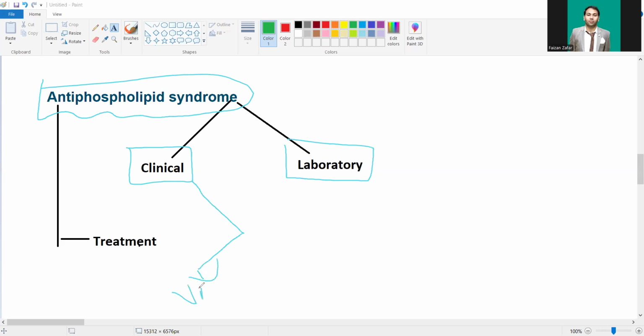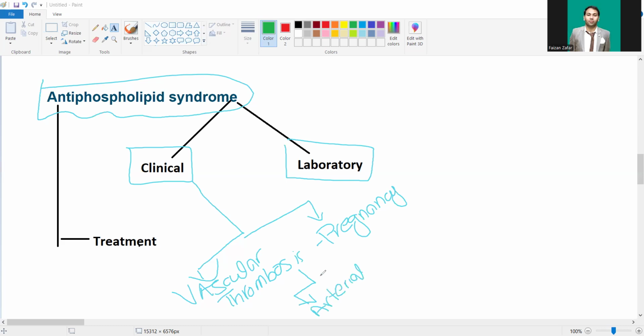In clinical findings, we divide again into two things: vascular thrombosis and pregnancy, that is recurrent pregnancy loss. Vascular thrombosis may be arterial thrombosis and it may be venous thrombosis.